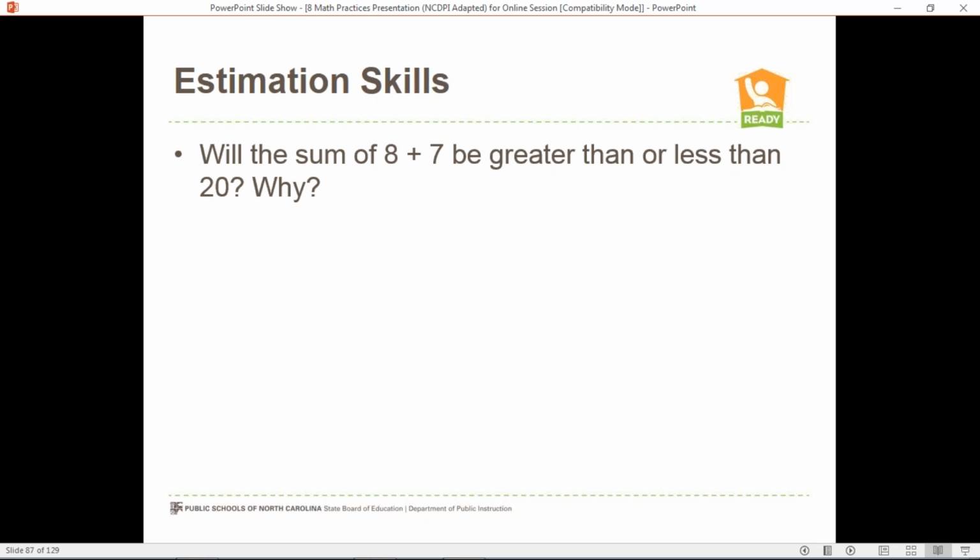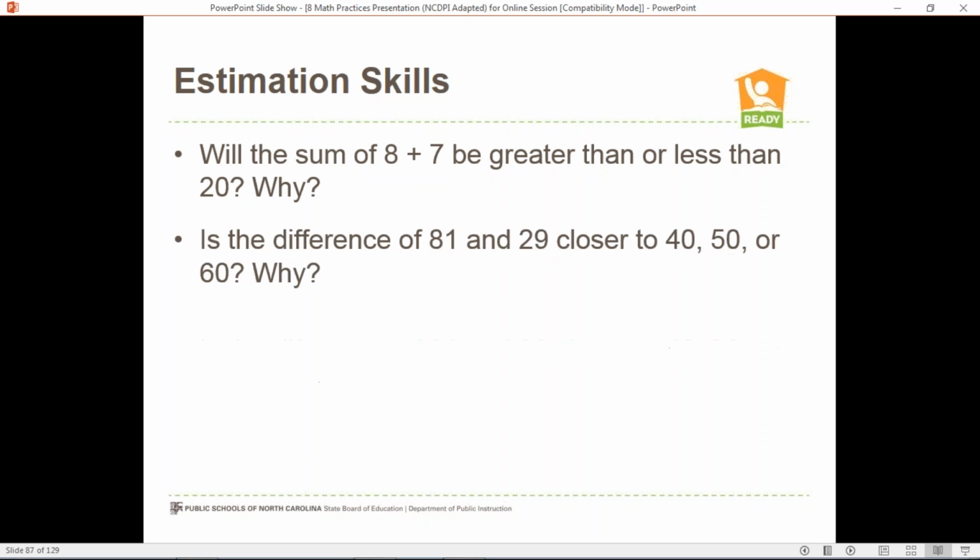So it may engage a different part of the mind, which is exactly what we want to do in math, right? So will the sum of 8 and 7 be greater than or less than 20, right? And thinking about, well, how do kids think about that? But can we see how this degree of estimation, it brings in an element of precision, but not exactness, right? So if two numbers that are less than 10 are added together, are we going to get the value of 20? Those kind of things.